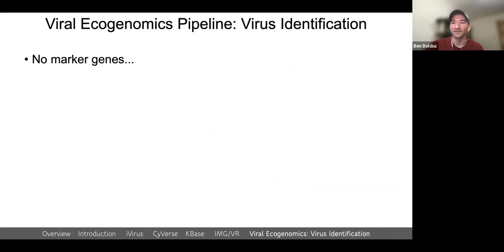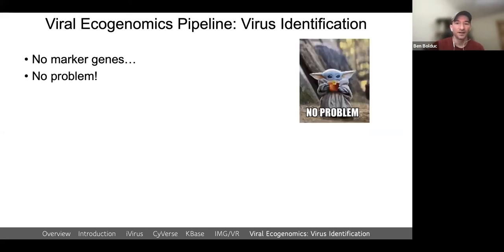We don't have the same advantage that we do in the microbial space, where we can look at 16S genes, or certain other housekeeping genes that we can use to bring together our genomes or bin them together into a mostly single cohesive unit. But thankfully, we have a couple of tools, so that's not so much of a problem.